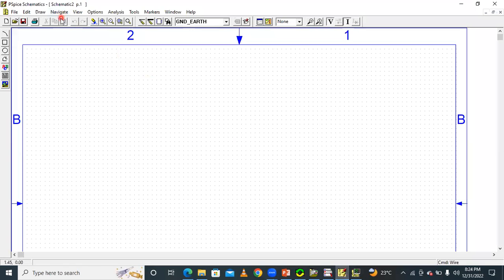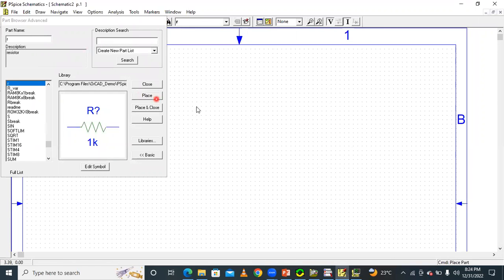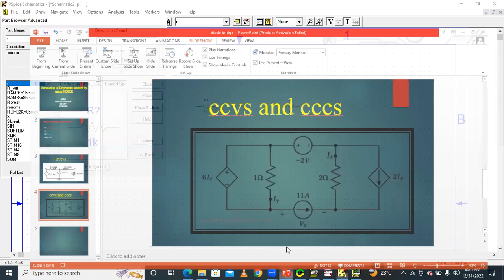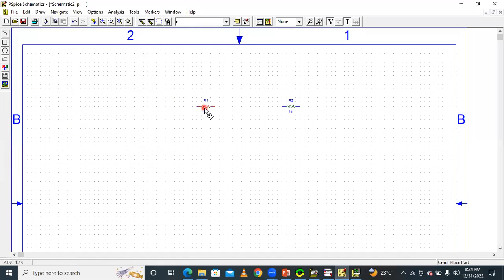From the library, take two resistors. Enter resistor and place the two resistors in a vertical position like this. This is also the controller. Select the element and controller.